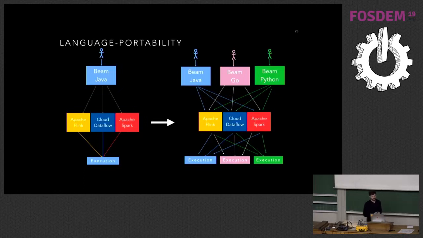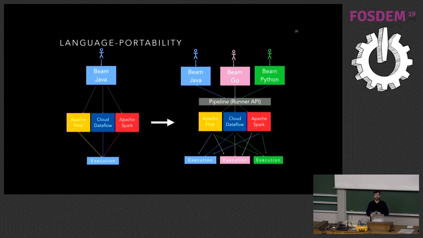Now that we have language portability, it's certainly possible, though maybe not a very good idea, to just let every SDK figure out a way to translate to every execution engine, and then the execution engine has its own various ways of supporting that language. But that just seems like a terrible idea, very complicated and replicating a lot of work.